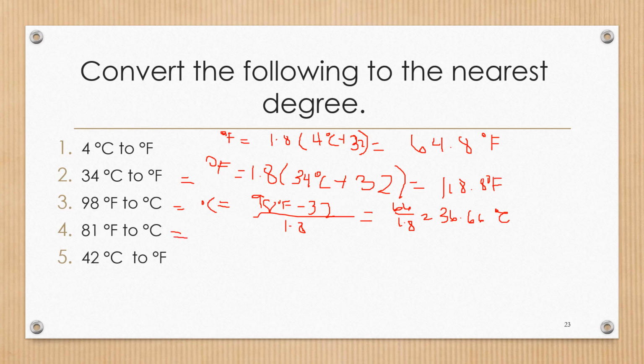Okay, the same, no? So, here, pwede natin diretso na to. Using the formula, 81 degrees Fahrenheit minus 32 over 1.8.